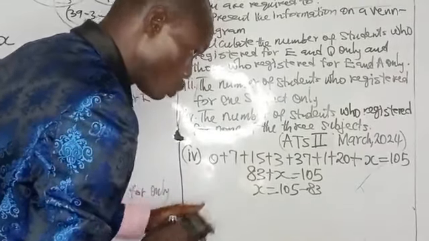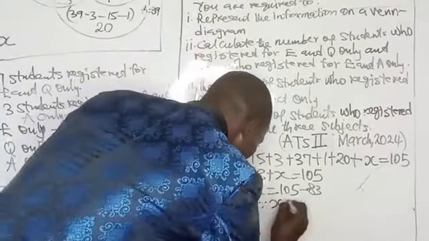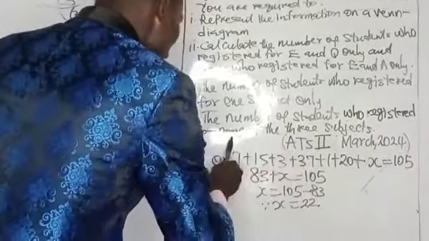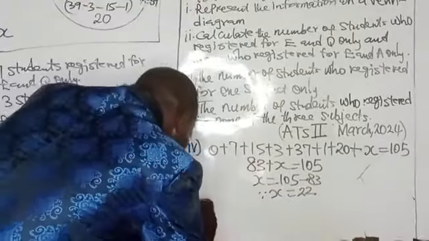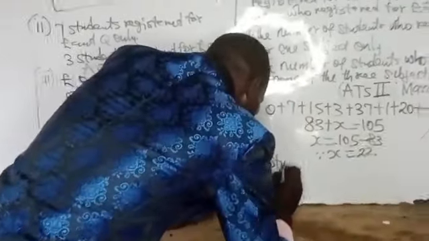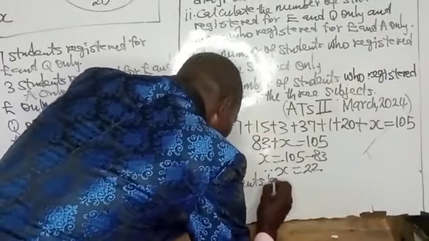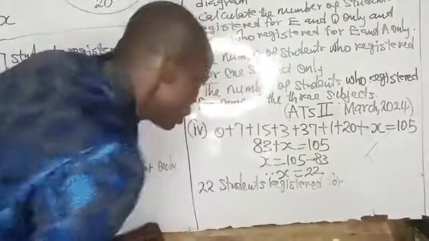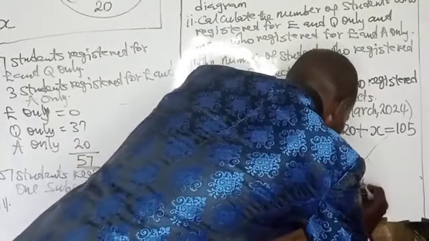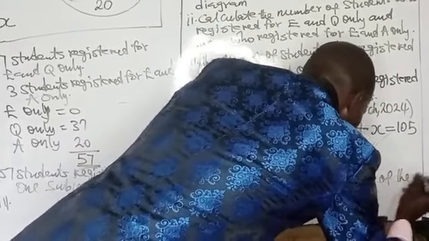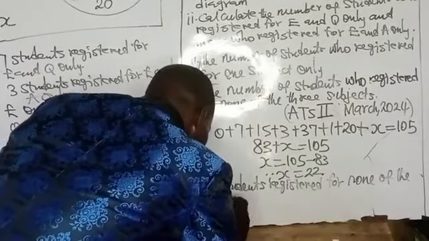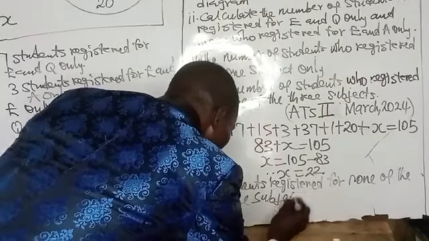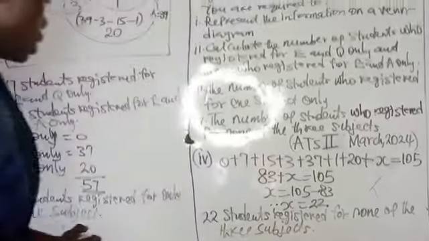You'll be left with 22. Therefore, X equals 22. So our answer is 22 students registered for none of the three subjects. This is the solution to example 2.